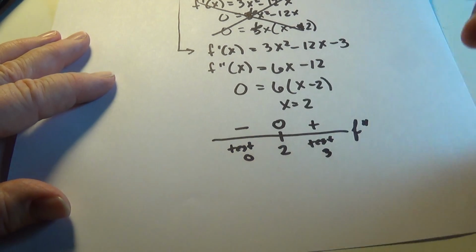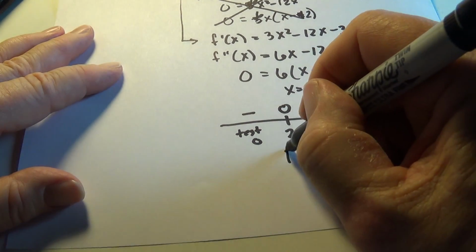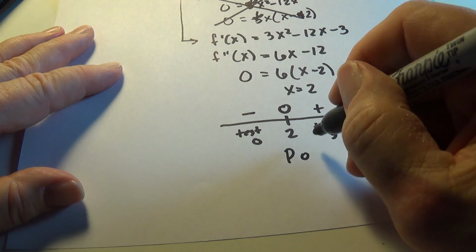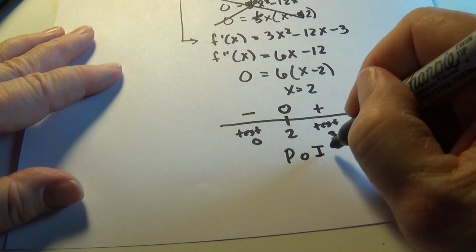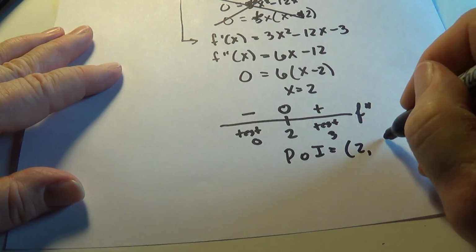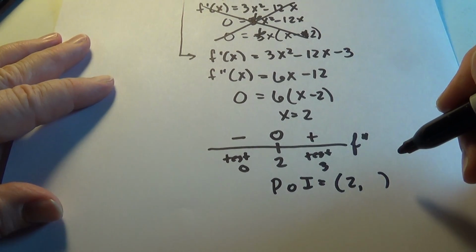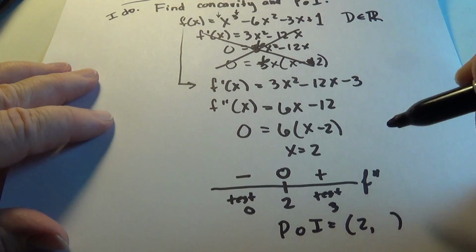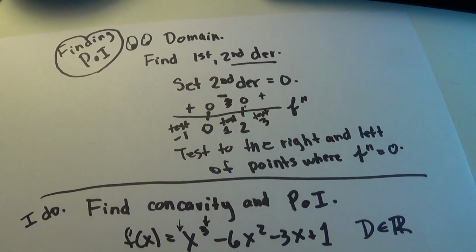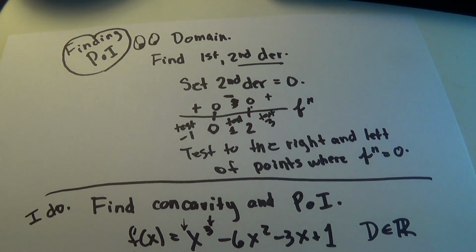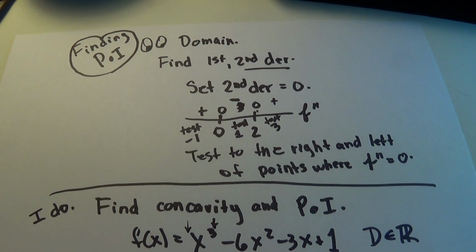We can now say that the point of inflection is 2, and now I just need the y coordinate. I need both x and y. So to find the y coordinate, I go way up to the beginning of the problem where I had f of x, and I plug in the 2.